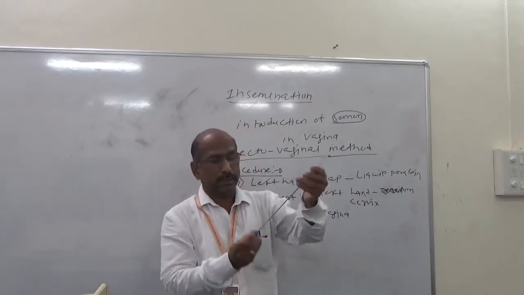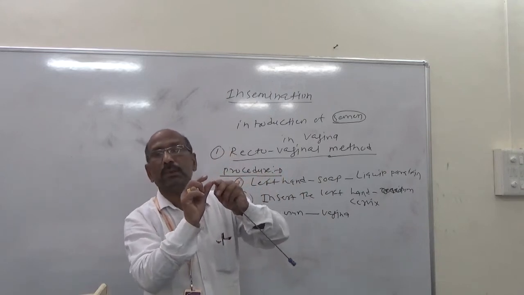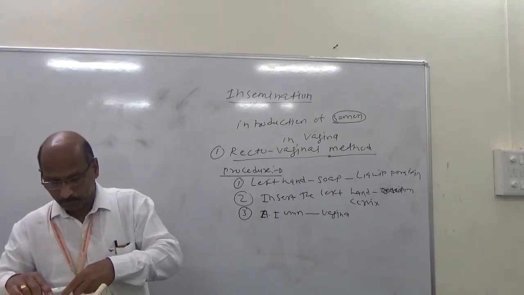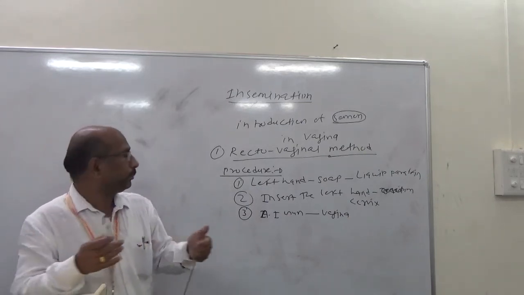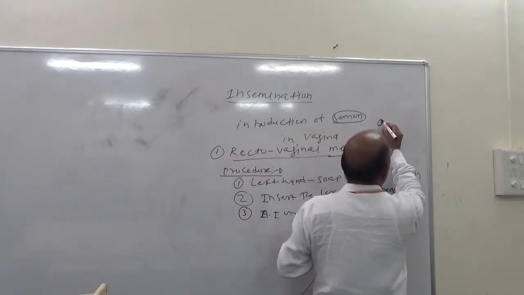In the top of the AI gun, this is the semen straw.